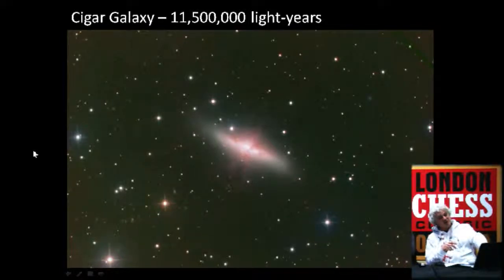It's pulled a lot of the gas in this Cigar Galaxy out of the equatorial plane of the galaxy, and these pink filaments that you can see to the top and the bottom look quite small, but actually each one is thousands of light years long and contains millions of solar masses of material.